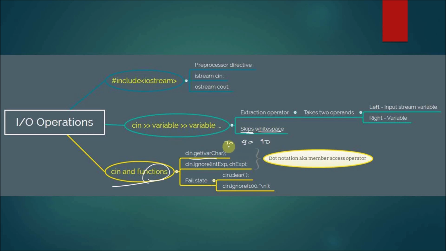That's how it knew it was 70 and 80 and not 7080. If for some reason you want to include that white space, you can use cin.get to input the very next character next to the data that was inputted.